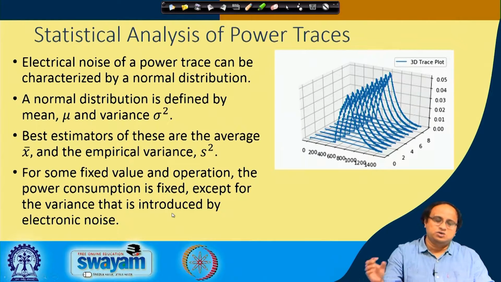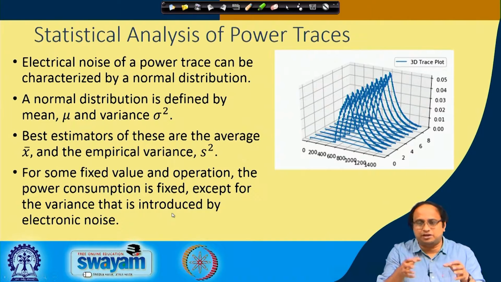So, when I am keeping my plain text and my input key the same, I would expect that the real signal, that means the power consumed due to the actual processing of information, is a constant. Whereas the electrical noise develops the variation. The variation is coming because of the noise.